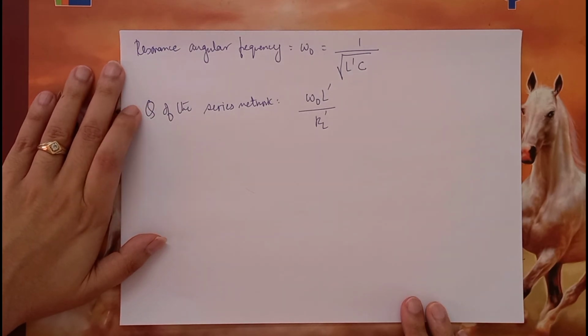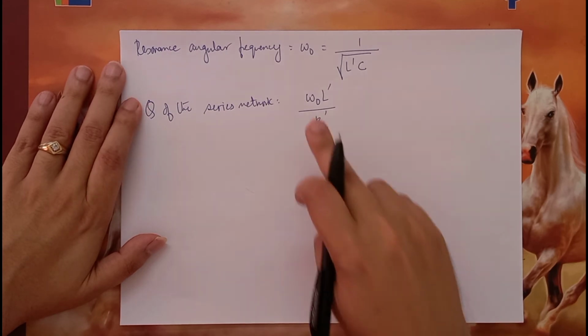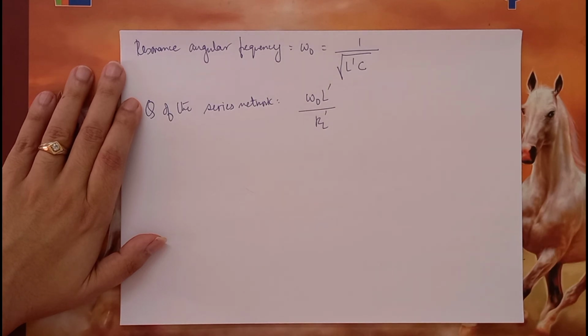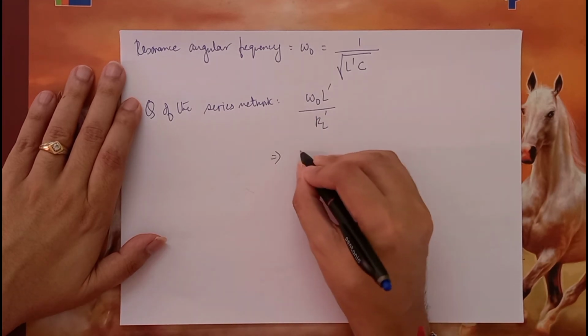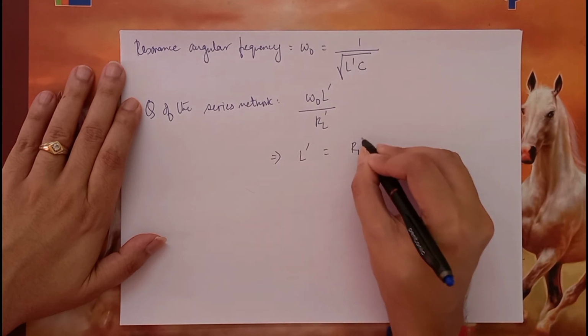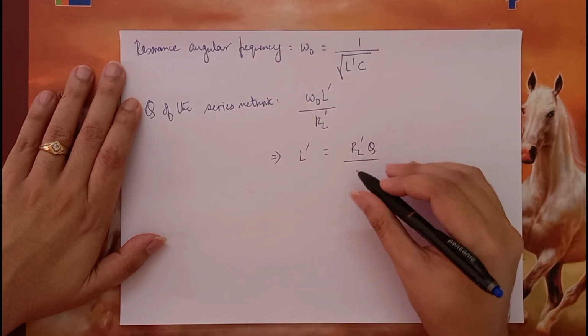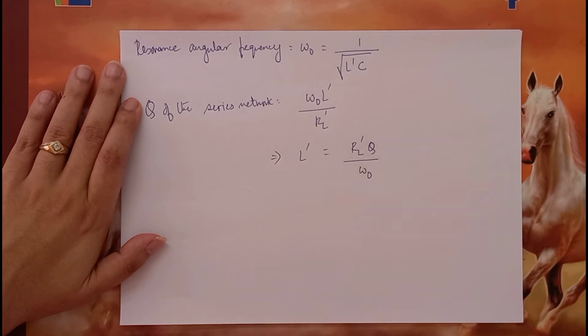So once we know the Q, we can easily find out the L value, and that is RL prime times Q divided by omega 0.